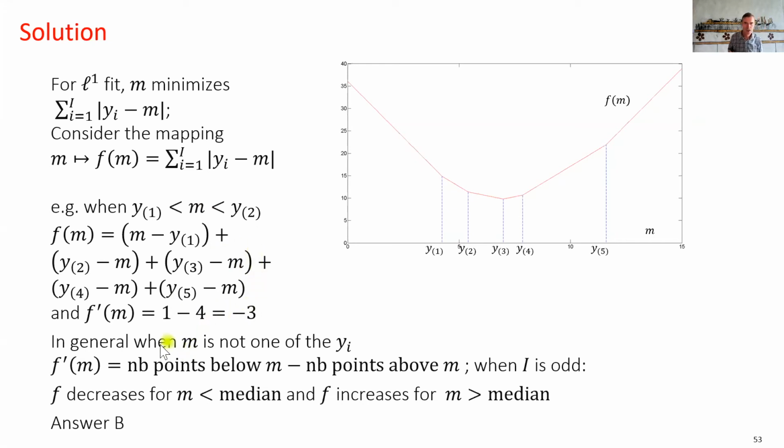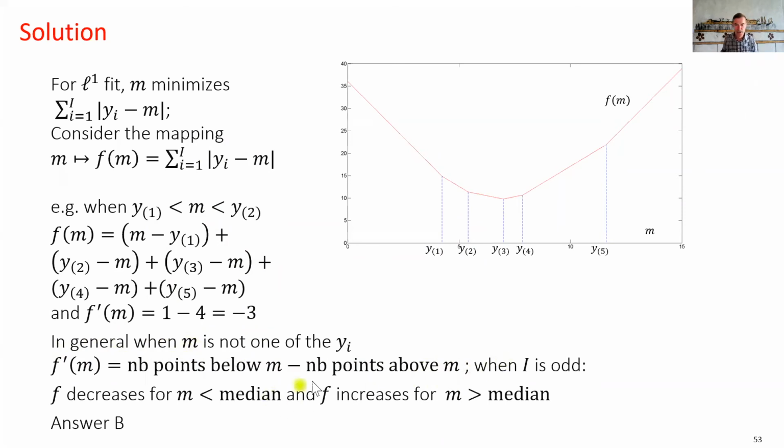So in general, we have a piecewise linear and continuous function. The absolute value is continuous. It has a derivative everywhere, except at the points where we hit exactly some of the y values. The derivative is equal to the number of points that are below m minus the number of points that are above m.